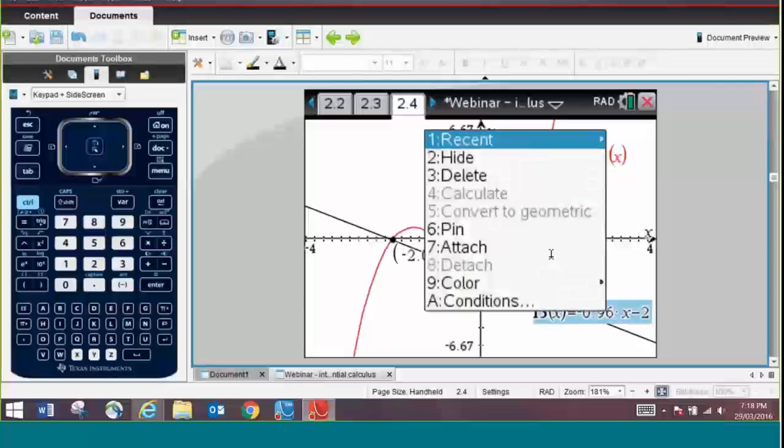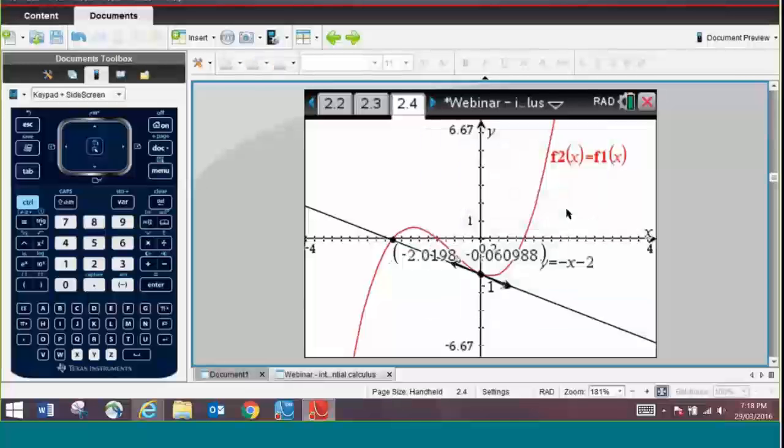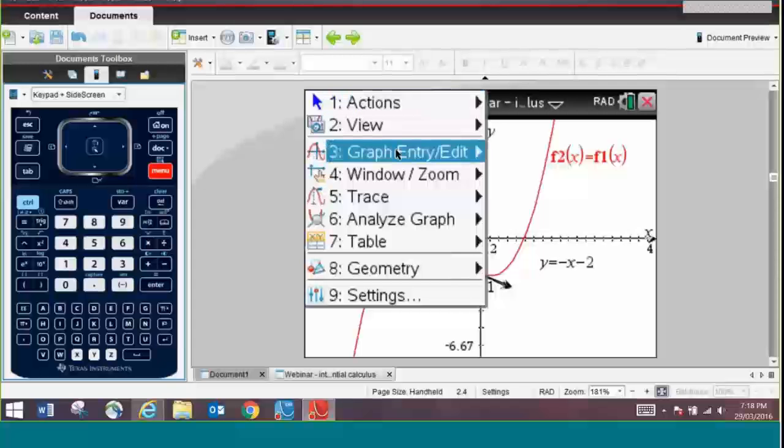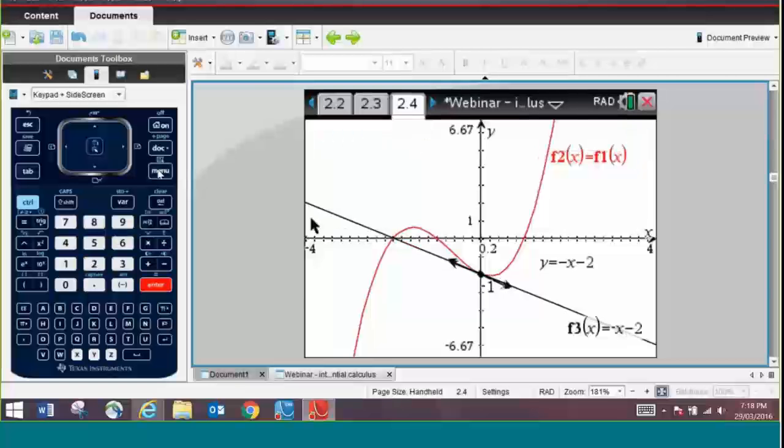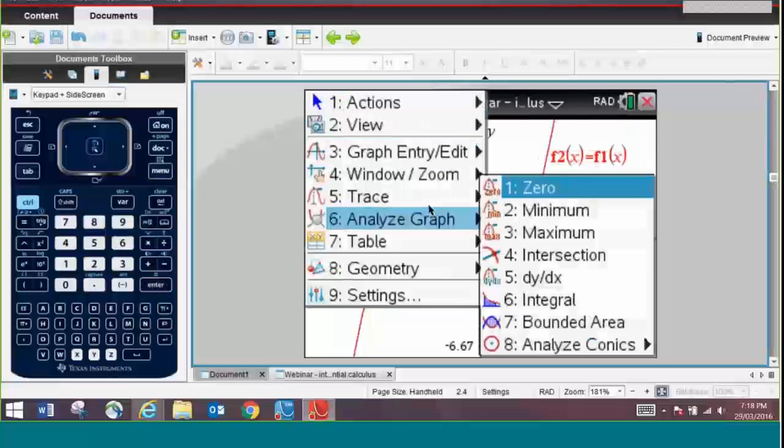I'll just go back and delete that. I managed to rotate my line just a touch, so I'll put that back in. Okay, hopefully this time I'll get it.